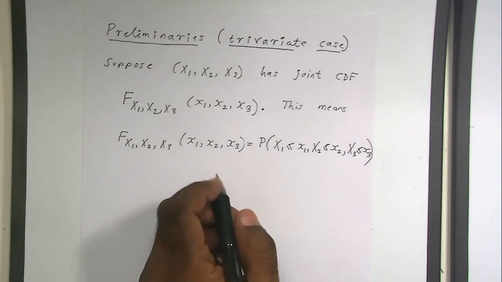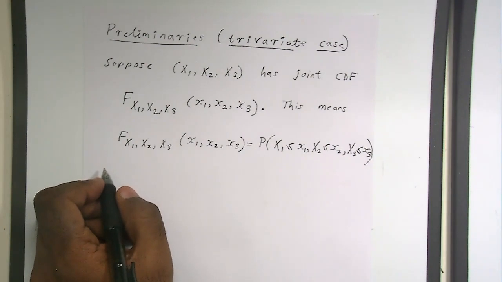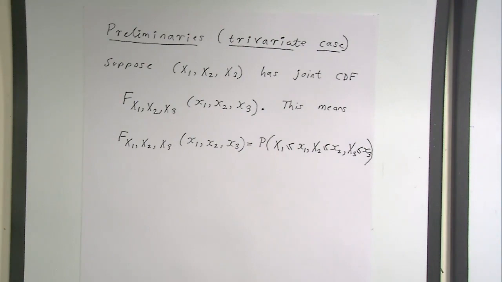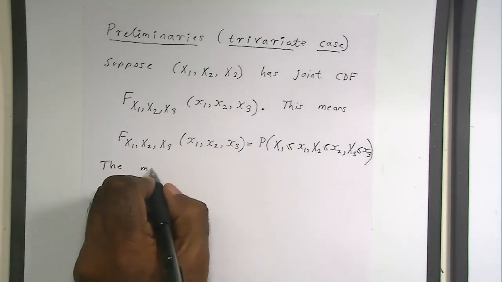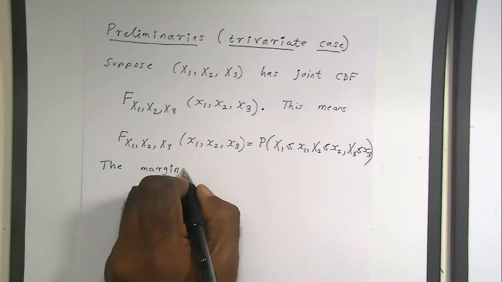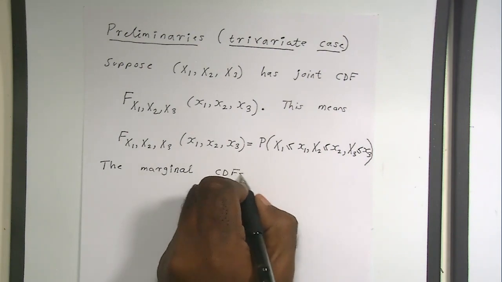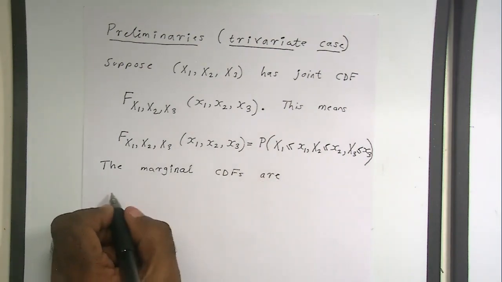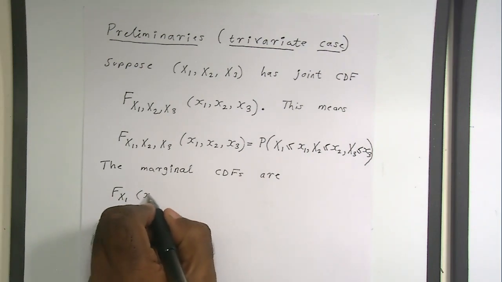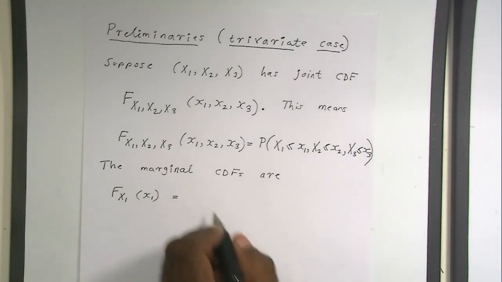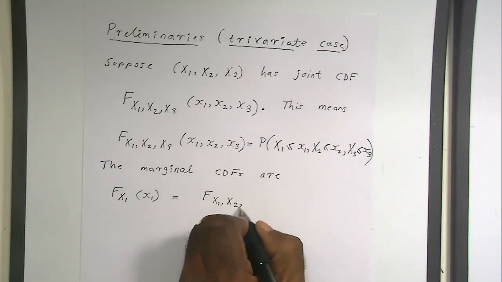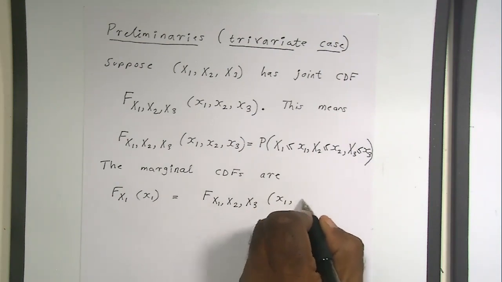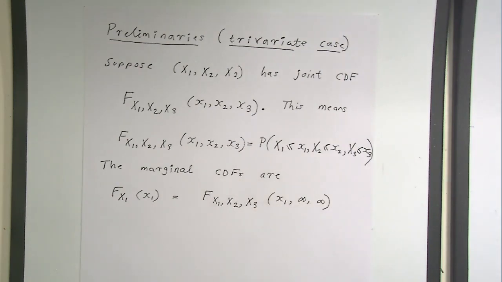Now, the marginal CDFs are as follows. This is the marginal CDF of x1, and it can be obtained from the joint CDF by putting everything to infinity except x1.